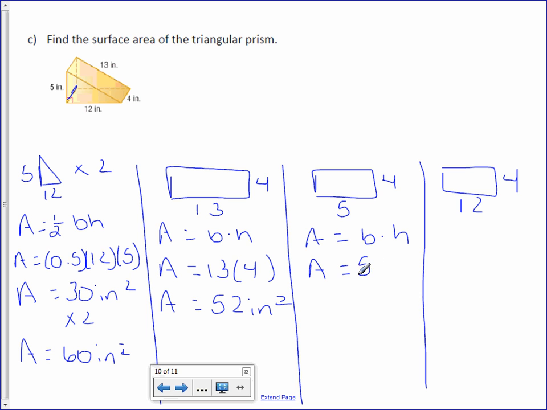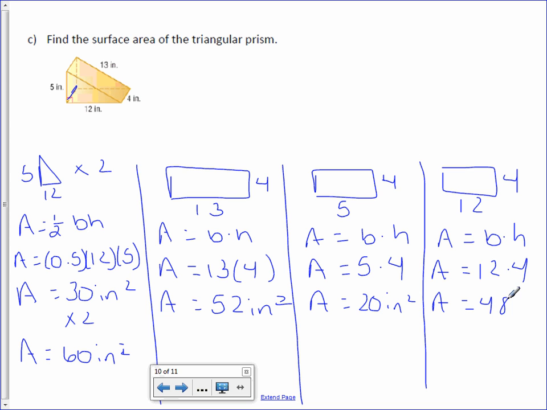Area equals 5 times 4. Area equals 20 inches squared. Last rectangle, area equals base times height. Area equals 12 times 4. Area equals 48 inches squared.